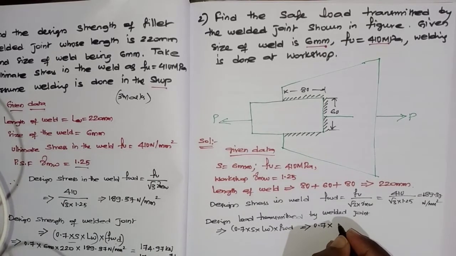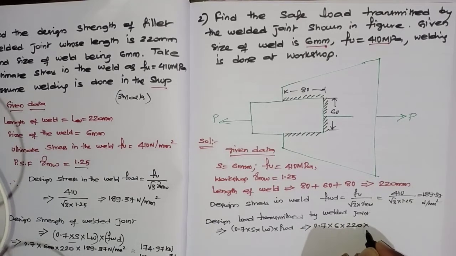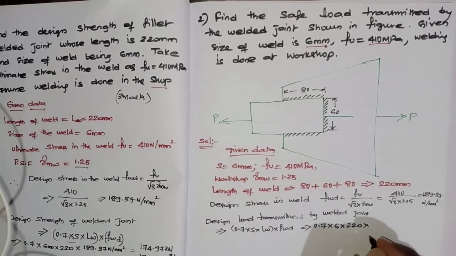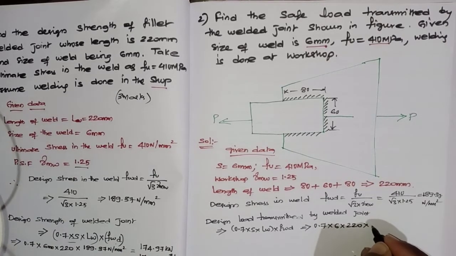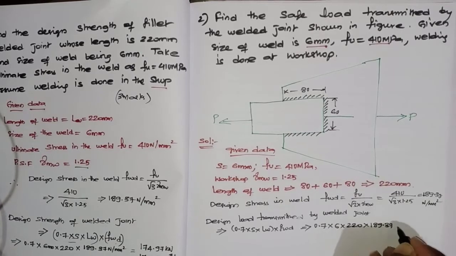Sorry, size of the weld is 6 mm, and length is 220, into FWD, which is 189.37. So you are getting the same as the previous problem.